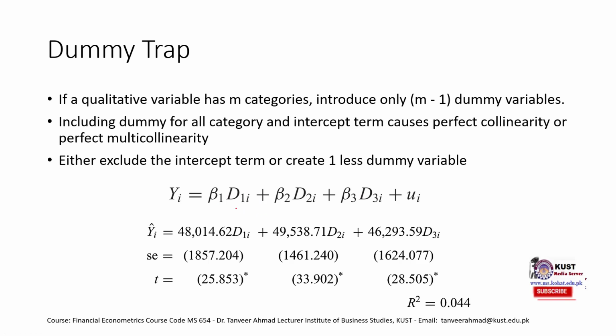And the second case is where we can exclude the intercept term and include all the dummy variable for all the categories. This is the equation. So in last example we had 3 cities. So we have formed the 3 dummy variables. This one is for Lahore, this one is for Islamabad, and this one is for Karachi. And now we have excluded the intercept term.